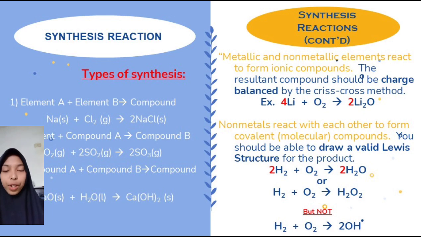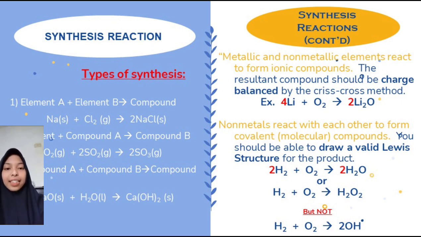Element plus compound A yields compound B. An example is oxygen gas and sulfur dioxide gas react to form sulfur trioxide gas. 3. Compound A plus compound B yields compound C. An example is calcium oxide and water react to form calcium hydroxide.